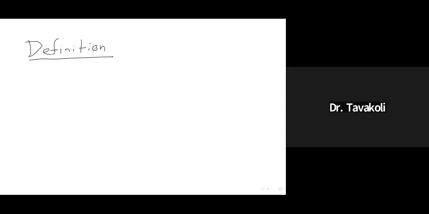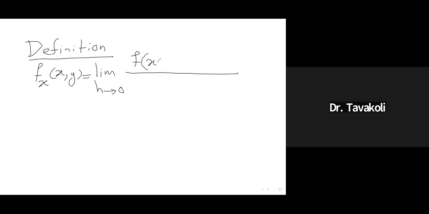The definition is somehow similar to the definition that you have seen in calculus 1 for the derivative, although that was for just one variable, not more than one variable. So the derivative of f with respect to x is the limit as h tends to 0 of f of x plus h comma y minus f of x y divided by h.